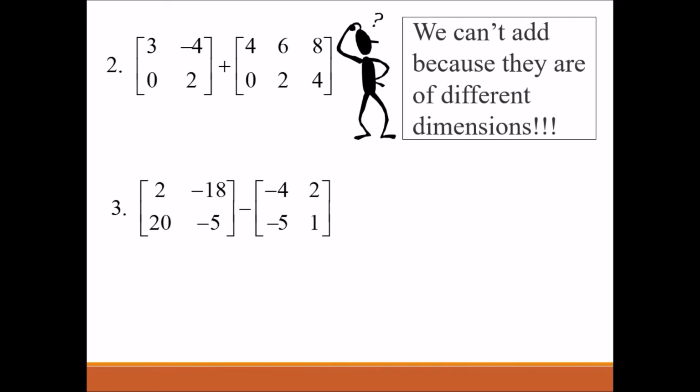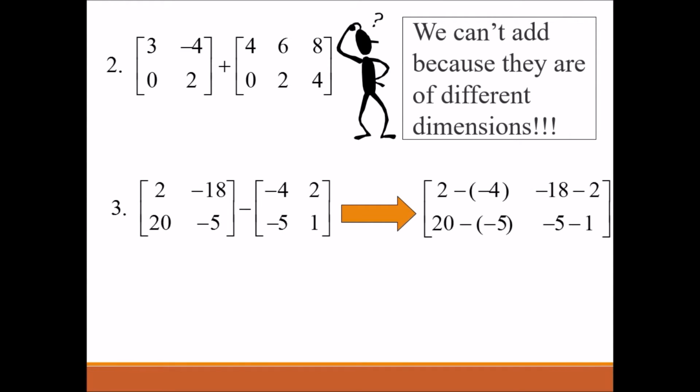Consider now an example of subtraction. In this case, again, we have to first check whether we can subtract them. Yes, we can, because they are of the same dimensions. Both are of order 2 by 2, both having 2 rows and 2 columns. Now 2 will be subtracted by minus 4 because we have to subtract the corresponding elements.